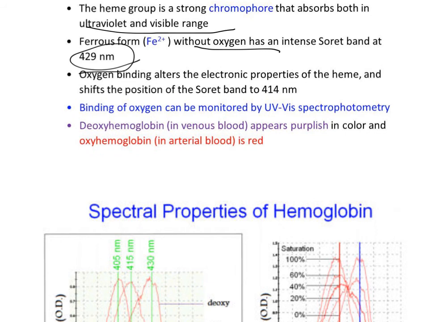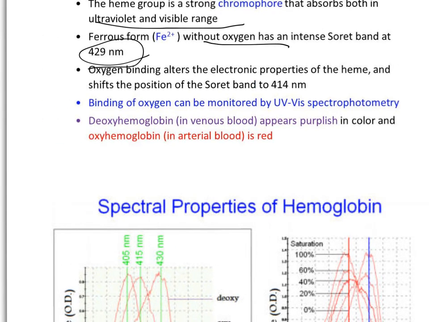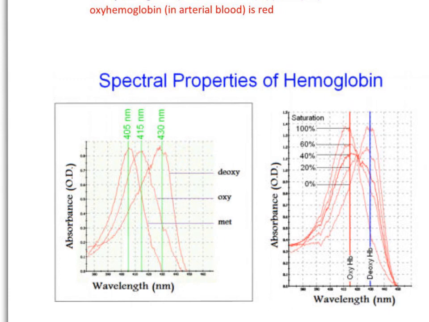And when oxygen binds, it alters the environment around that heme, and you see a shift from 429 nanometers to 414. So by looking at that shift and quantitating it, you can do these binding assays by looking at the shift as binding happens.